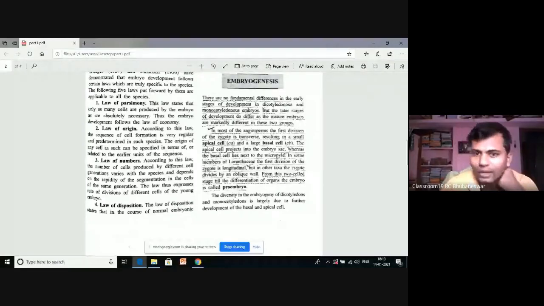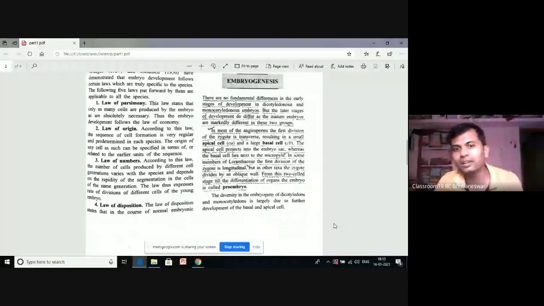In some plants, either the complete embryo develops from the apical cell, or both cells participate in the development of the embryo, or sometimes the apical cell contributes to a large extent while the basal cell contributes to a lesser extent, as we discussed later. From the zygote, just before the development of the organs of the embryo, the entire structure is known as the proembryo.